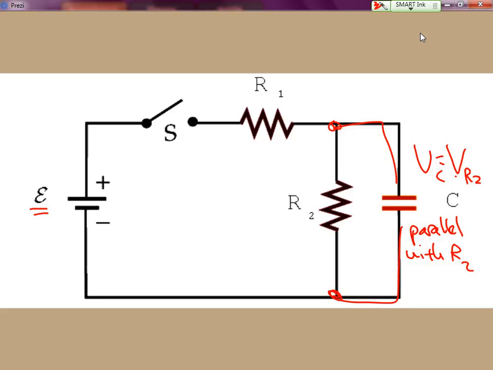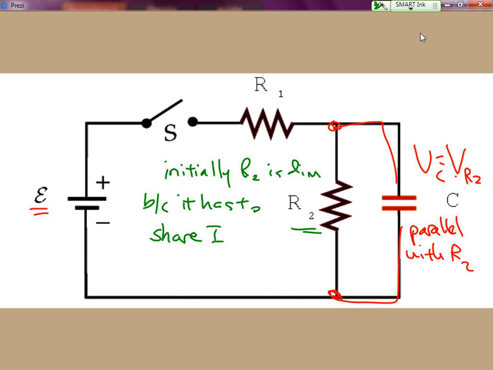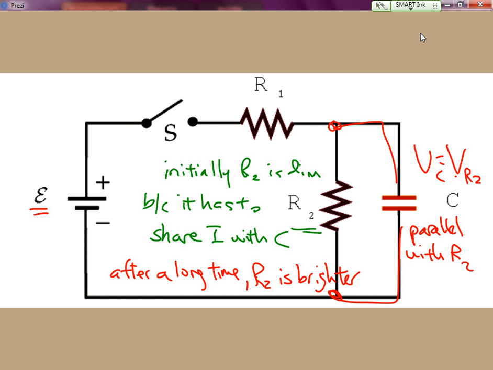Initially, when the circuit is turned on, the capacitor starts to charge, and R2 is dim because it has to share current with the capacitor. But after a long time, there's no more current passing through the capacitor, so R2 is brighter.